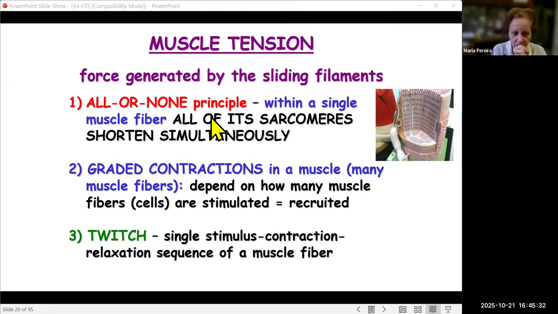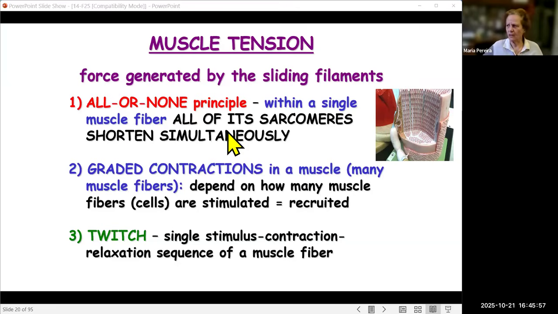That means all the sarcomeres will shorten simultaneously at the same time, or none do. So this is in a single muscle fiber. It's an all or none. So all the sarcomeres within one muscle cell, one muscle fiber, will contract at the same time.